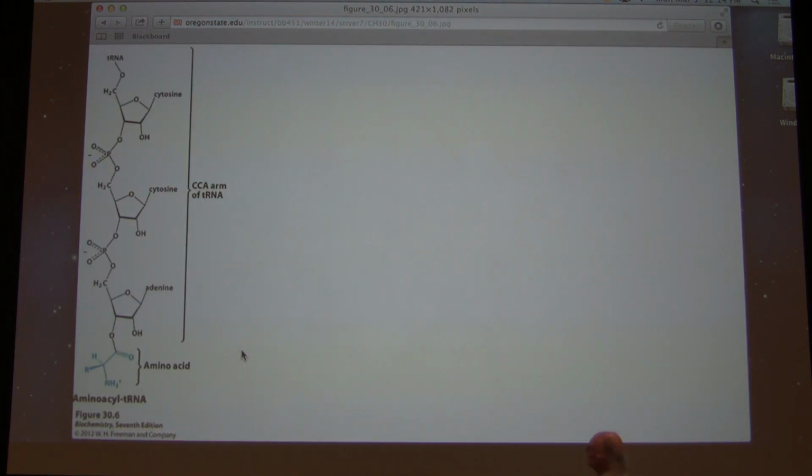So there's the 3' end of the transfer RNA. There's the 3 bases, C, C, A. And there's the amino acid that has just been added. The addition of the amino acid was catalyzed by the amino acyl tRNA synthetase. Is that clearer?